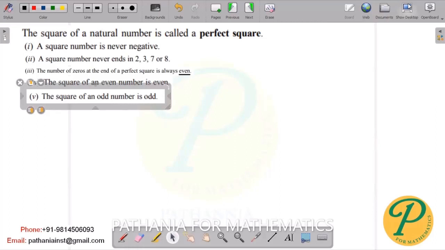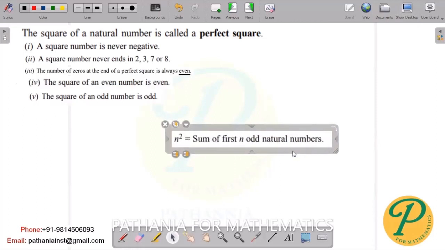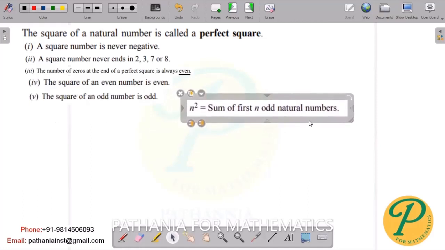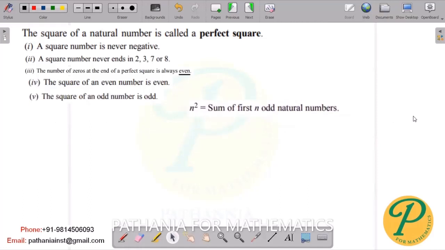And the sum of the first n odd natural numbers is n square. Note this point.